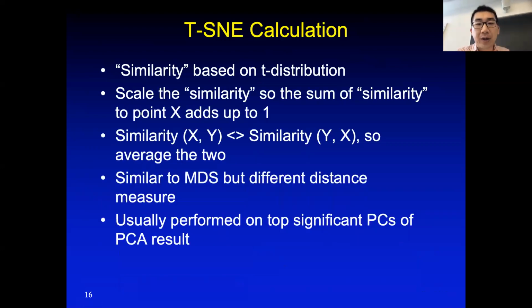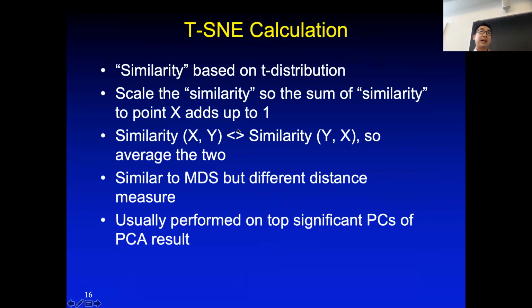A few points we need to emphasize for t-SNE. The final similarity in the low dimensional space is based on the t-distribution, so that's where the name comes from. And we need to scale the similarities into a probability that sums to one.